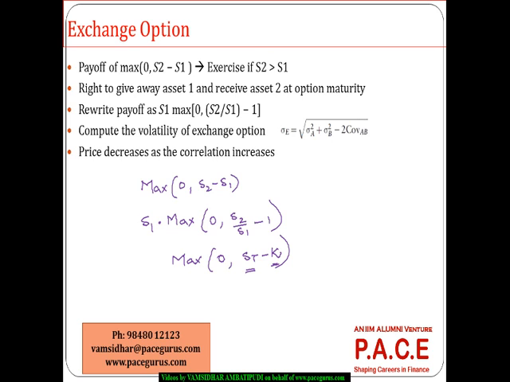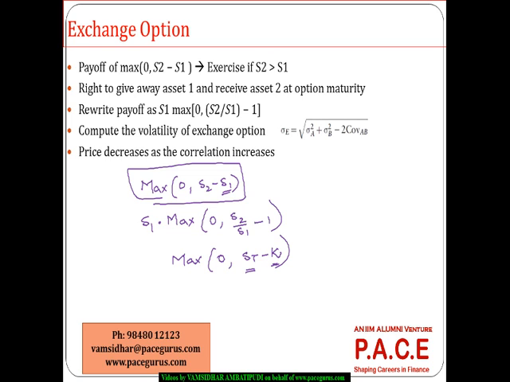So by doing this, what did I do? If it had been like this, then my S1 is a variable, and because S1 is a variable, I'm not able to use directly the Black-Scholes formula there.